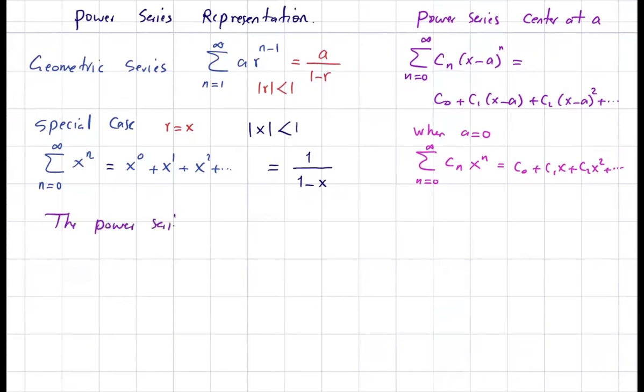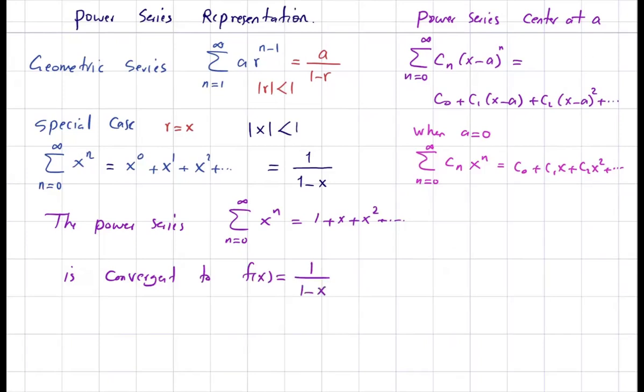The power series, the summation of x to the n, starting from 0 to infinity, which is 1 plus x plus x squared plus dot, dot, dot, converges to the function f of x equals 1 divided by 1 minus x, as long as the absolute value of x is less than 1. But what's the meaning of this?